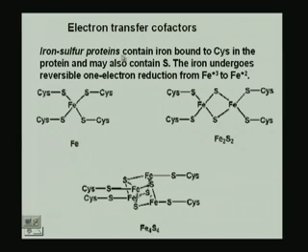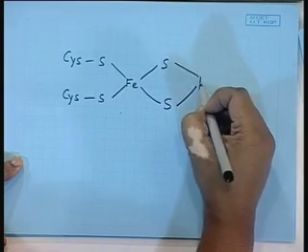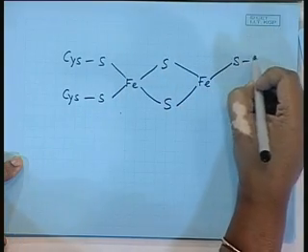These are the iron-sulfur proteins that contain iron bound to cysteine in the protein and may also contain sulfur. For example, the one that is shown on the right hand here, you see there are 2 irons coordinated, 2 with cysteines and 2 with sulfur atoms. So, we have a structure where we have 2 cysteines which have their sulfur atoms associated with an iron atom, this again associated with another iron, this associated with the cysteine.